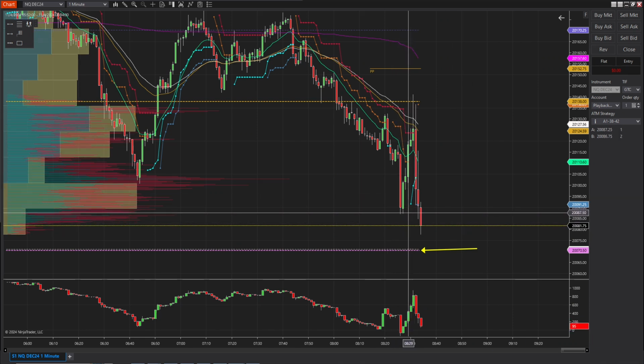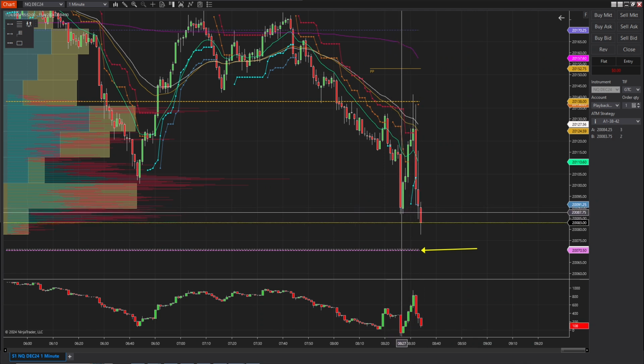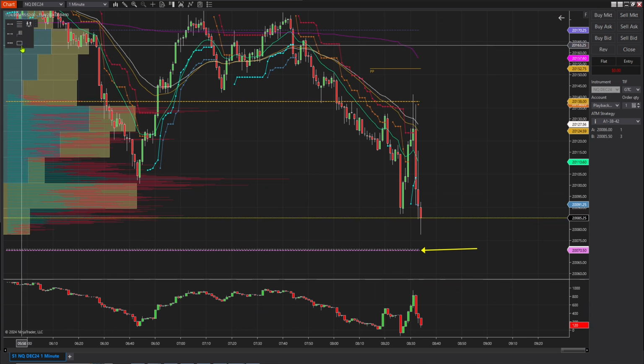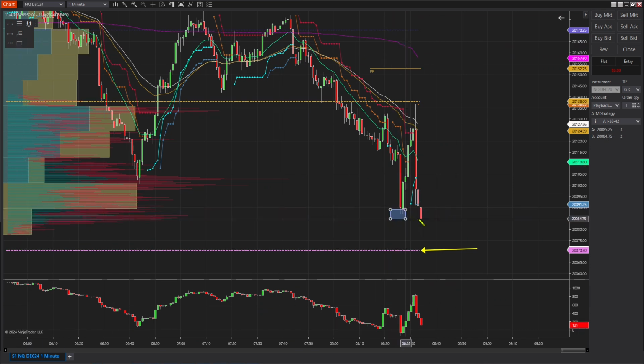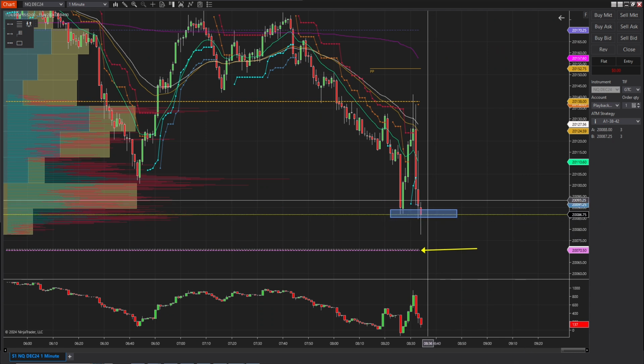So what happens if I just take a short here, assuming it has broken down this support right here, and this could be the stop.